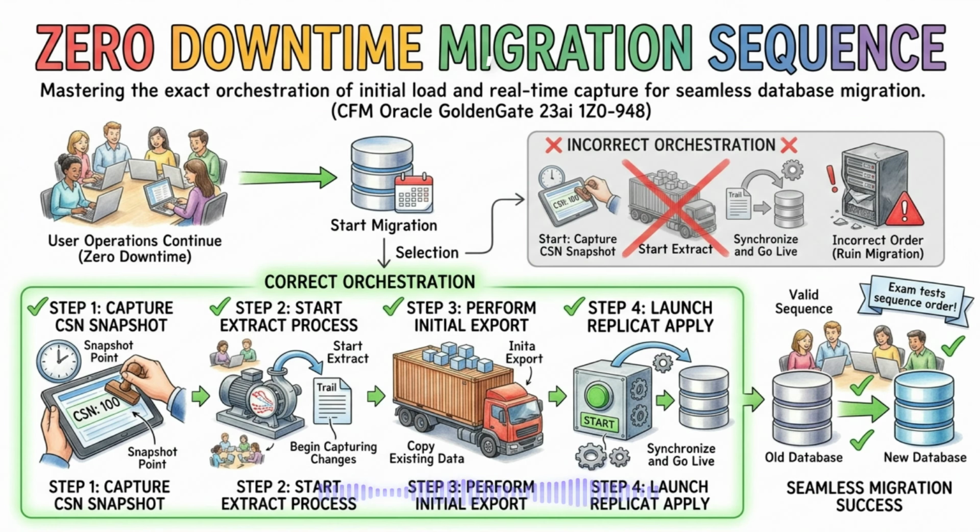The parameter would read map_hour.employees, target_hour.staff, seamlessly bridging the gap between two completely different database designs. Understanding the syntax of the map statement is absolutely essential because it forms the basis of all data transformation, which we will explore deeper in the next section.